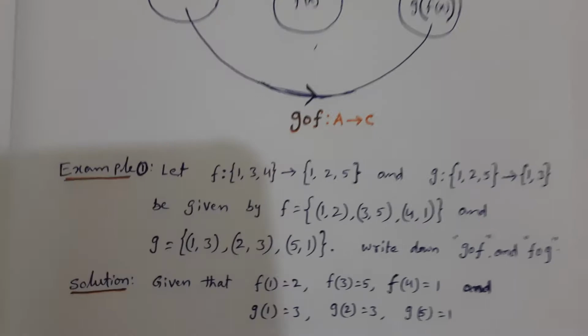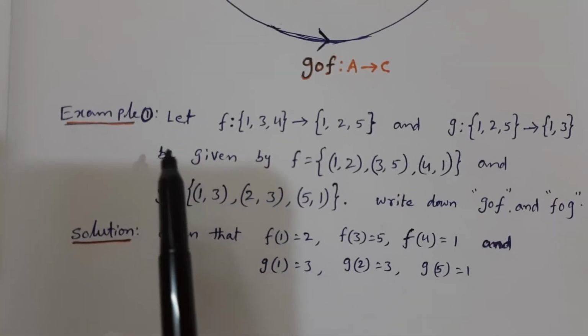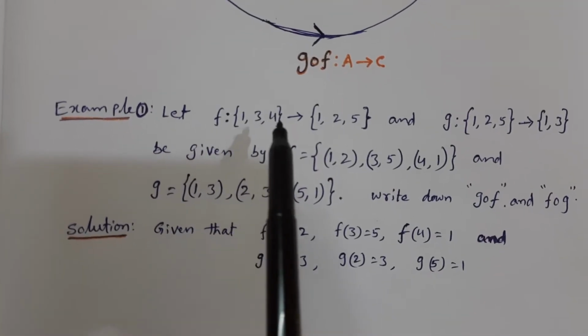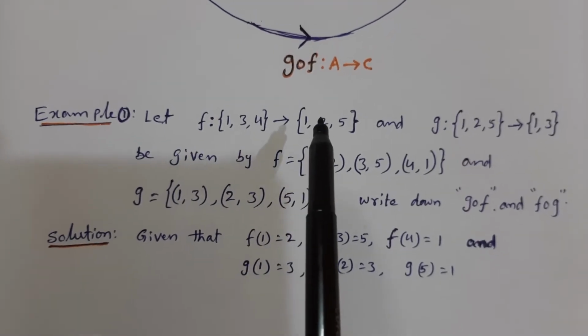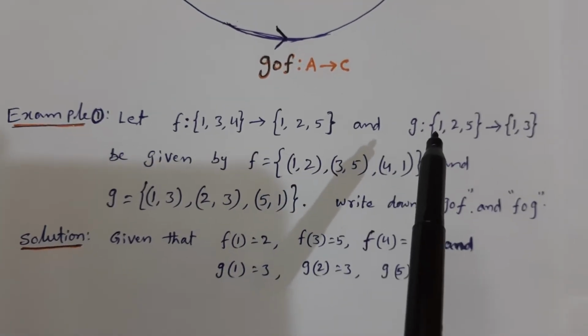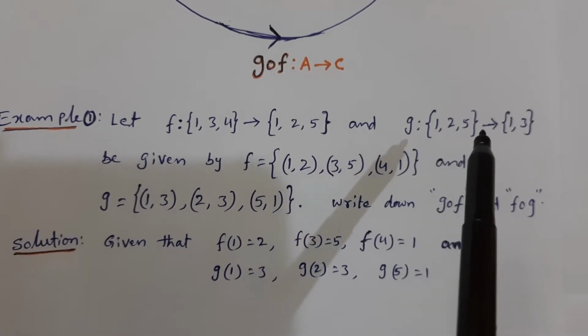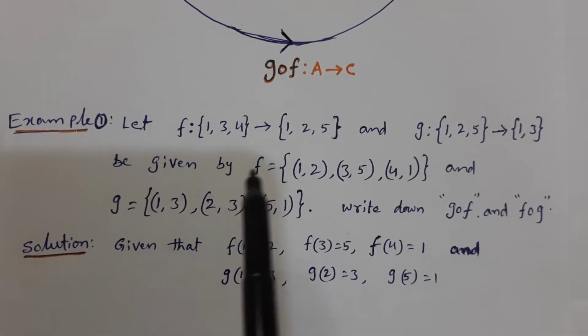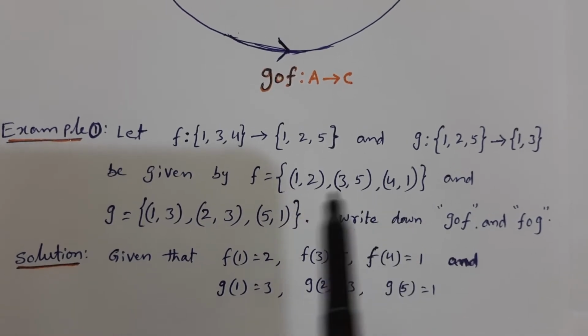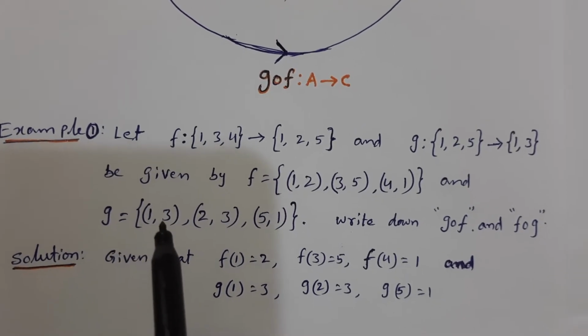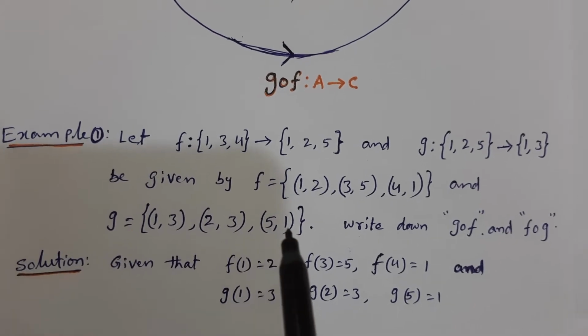For example, let f be a function from the set {1, 3, 4} to the set {1, 2, 5} and g a function from the set {1, 2, 5} to the set {1, 3}, given by f equal to the set of ordered pairs (1,2), (3,5), (4,1) and g equal to the set of ordered pairs (1,3), (2,3), (5,1).